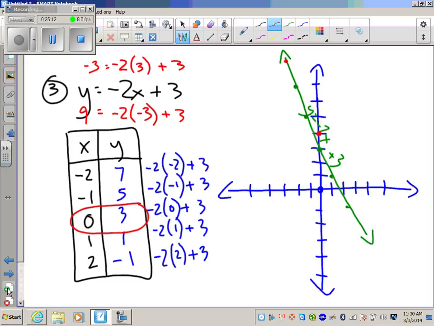No, it doesn't work. 3, negative 3 is going to be about there. Didn't fall on it. And then 2, negative 4. Did we use a 2 for x? Was it negative 4? No. So that doesn't work either. 2, negative 4 is down there. That doesn't fall on it either. Okay? So sometimes you make that line, and you can tell. So the only yes was number 4. Everything else were no answers.